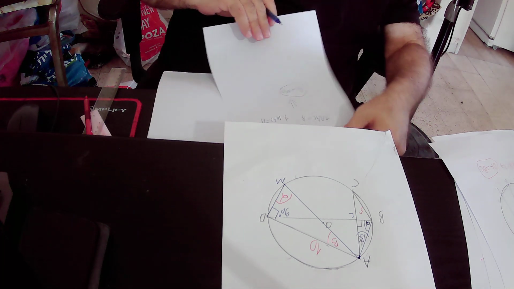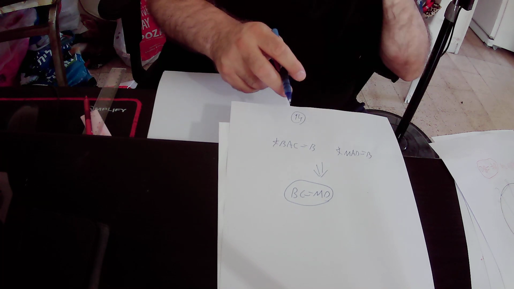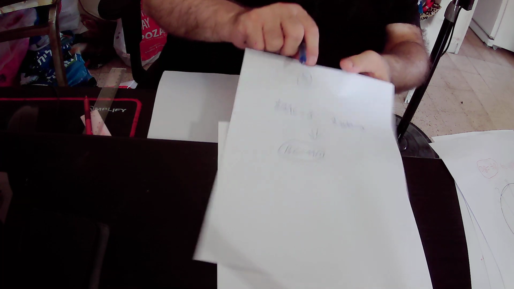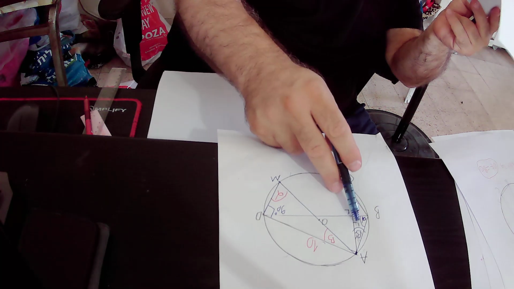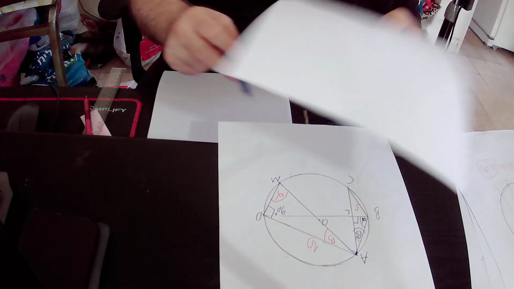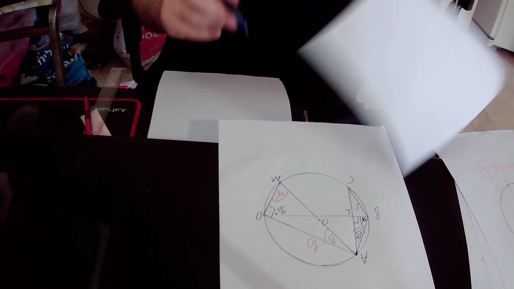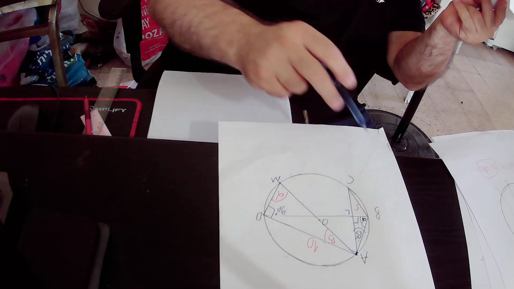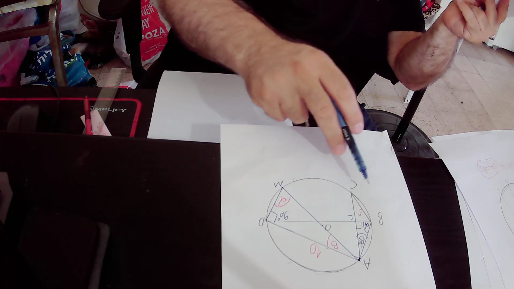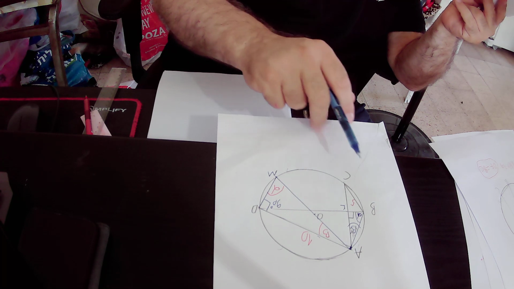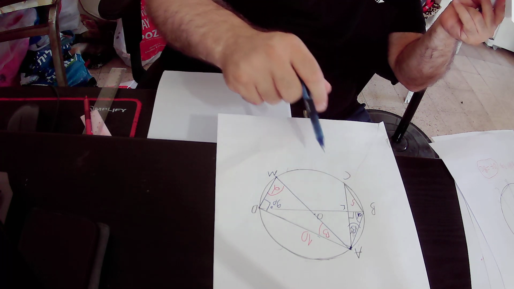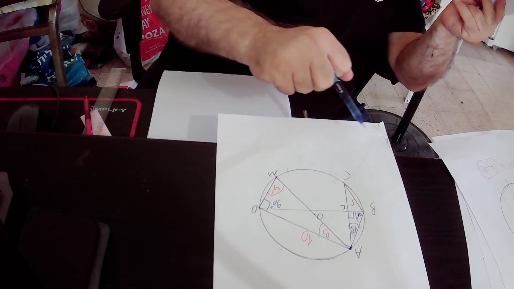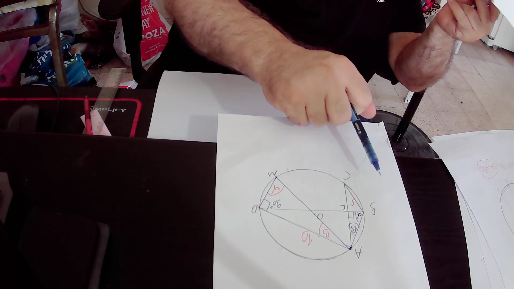Okay, because angle BAC equals beta, this angle equals beta, and also angle MAD equals beta, so those two equal peripheral angles also rest on equal chords. That is to say, BC equals MD.